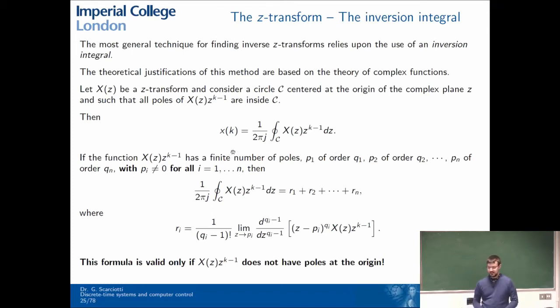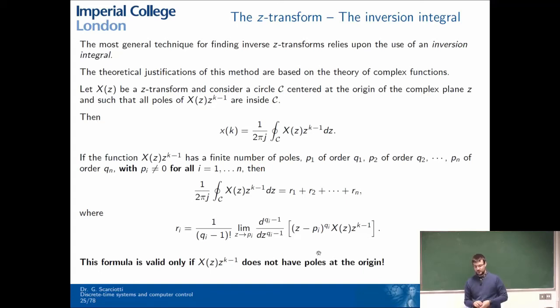However, there is a very useful theorem of complex analysis, complex calculus, that tells us that in some cases, in particular when the function X(z) times z^(k-1) has a finite number of poles, p1 of order q1, p2 of order q2, and so on, with the pi different from 0 for all i, then there exists this relation between the inversion integral, so x(k) basically, and these terms R1, R2, and so on, where Ri are computed using this formula, okay?